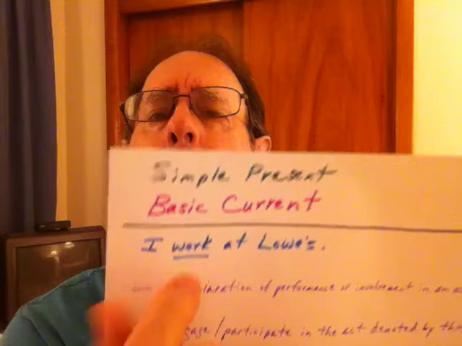Okay? Now what that does is when you make a sentence like that with the verb base form, or using the verb in the simple present tense, what you're doing is you're making a declaration of performance or involvement in an activity.